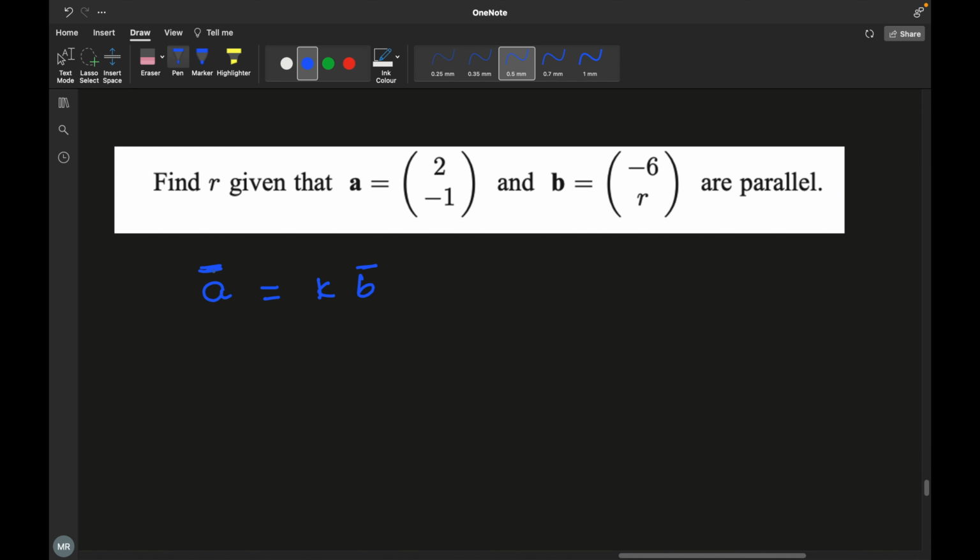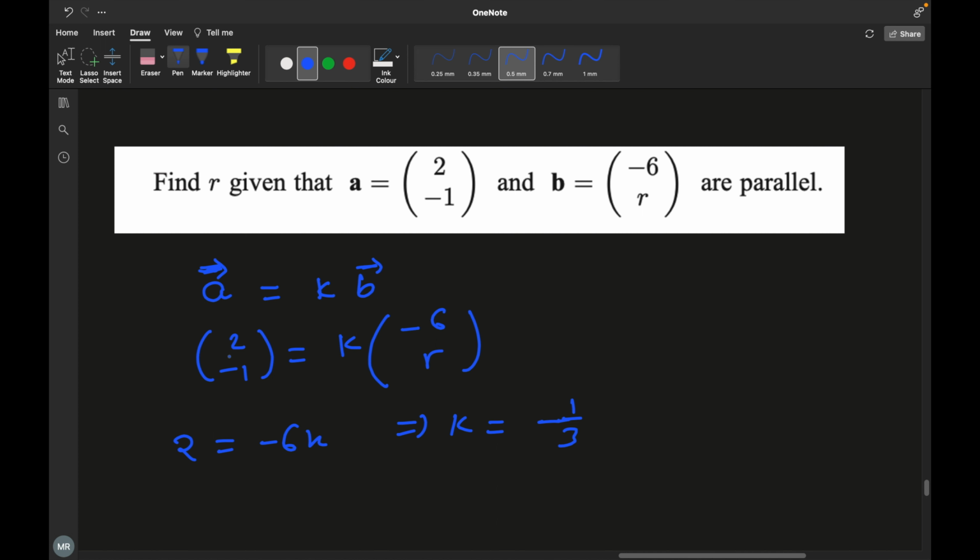This is the notation for a vector, or you can use an arrow, or you can make the letters bold, whatever you want. So A is (2, -1) equals K into (-6, R). We can equate the top half of the equation, so 2 is -6K. And the value of K is -1/3.